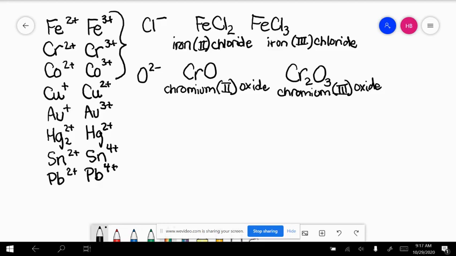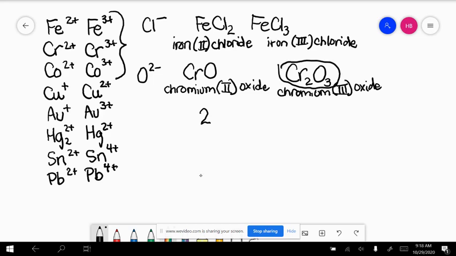Another way you can think of it is when you bump across one of these 8 variable charge metals, you could say to yourself, ooh, that's a variable charge. I've got to pay attention and I've got to figure out what the charge is on it. So we're going to call that X. So we're going to come up with an algebra formula. So I have 2 chromiums. Let's do this one right here.